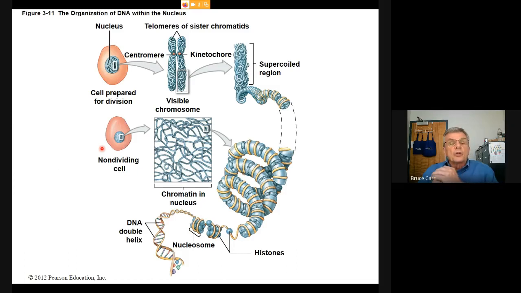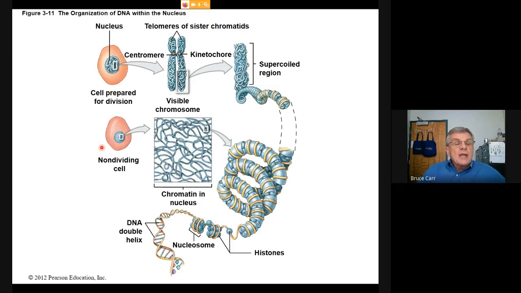Now, when we start to look at genetic material, the organization of the DNA within the nucleus, we find an active cell stage followed by an inactive stage of DNA expression.